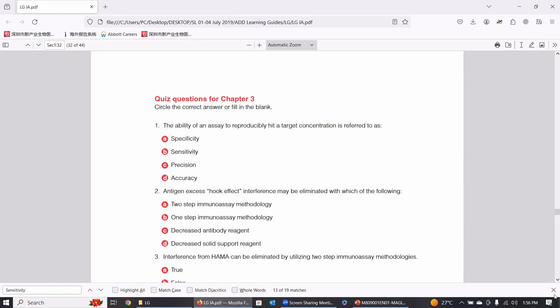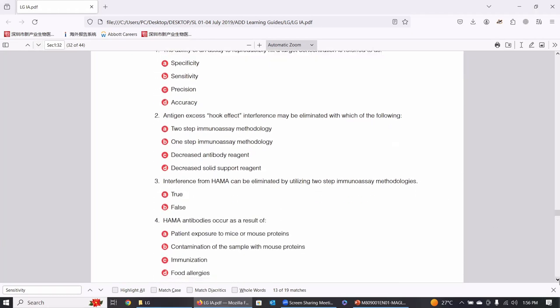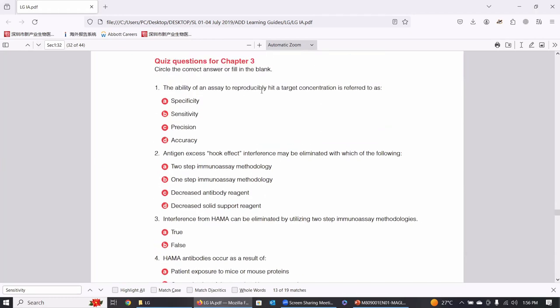If I ask you a simple question: the ability of an assay to reproducibly hit a target concentration is referred to as what? Which is the right answer for this?